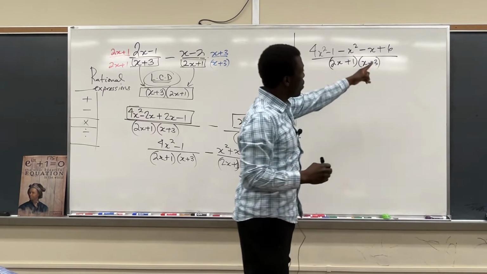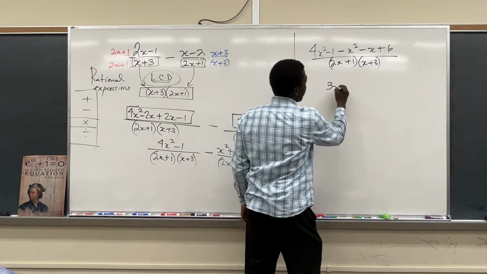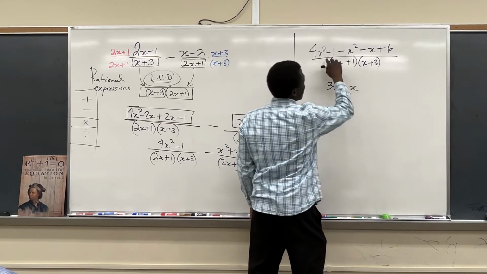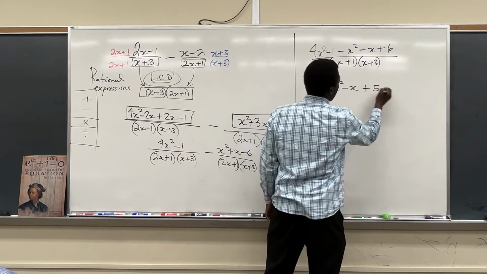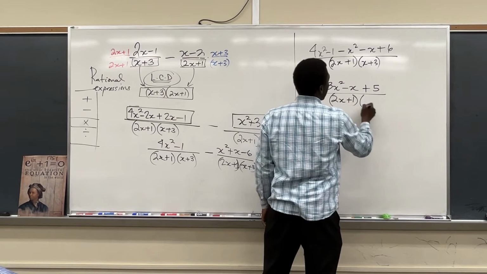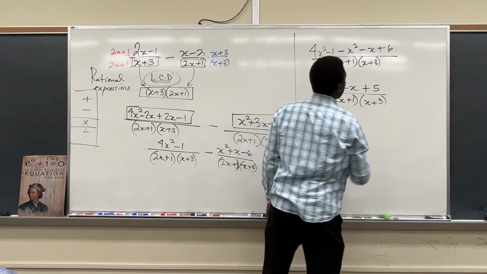So now in the numerator, we're going to have 3x squared and minus x, then minus 1 plus 6 plus 5, and then 2x plus 1, x plus 3.